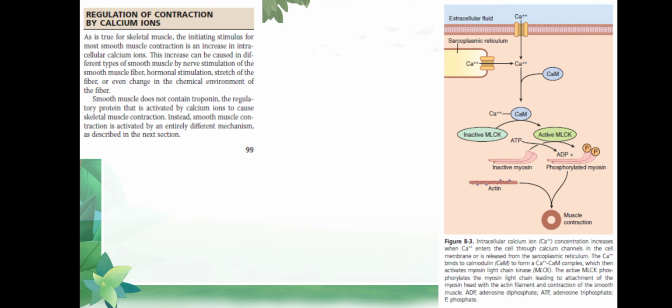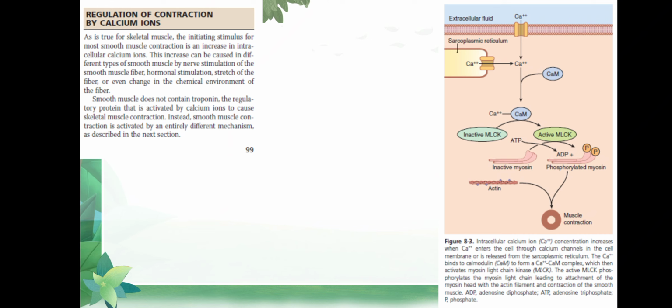So here we can see the smooth muscle. Inside the smooth muscle, the intracellular calcium ion concentration increases. Where does the calcium come from? From the extracellular matrix.